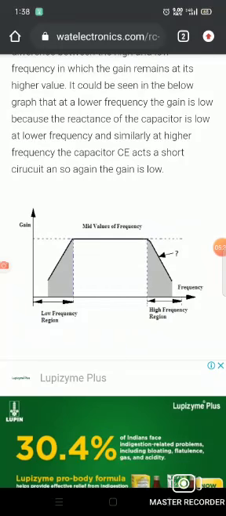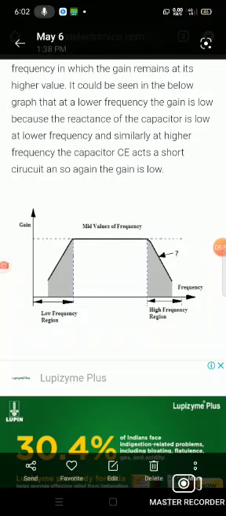That region is considered the audio frequency range, 20 hertz to 20 kilohertz. In that frequency region, in this graph, we have more strength of signals or information.